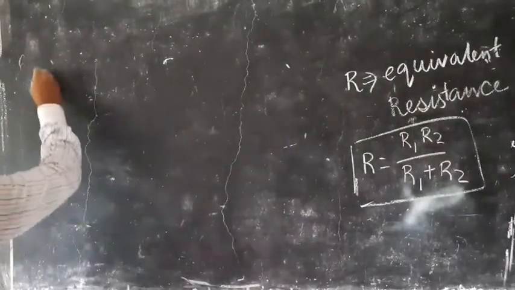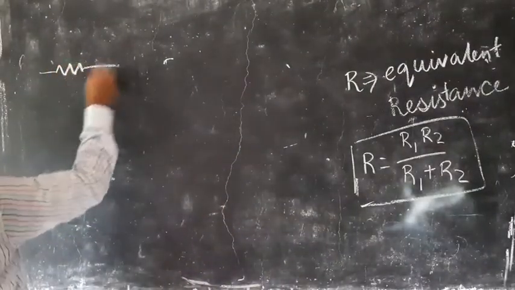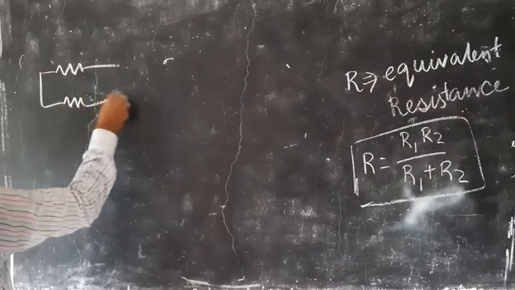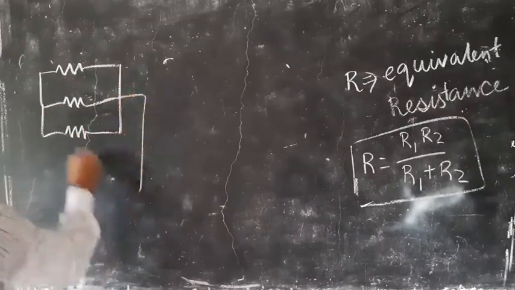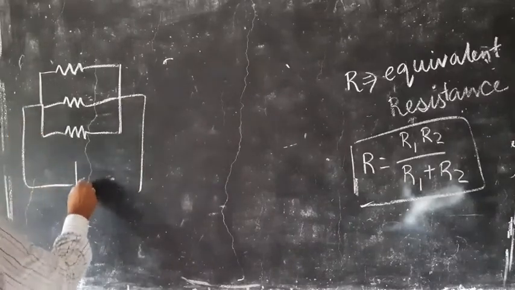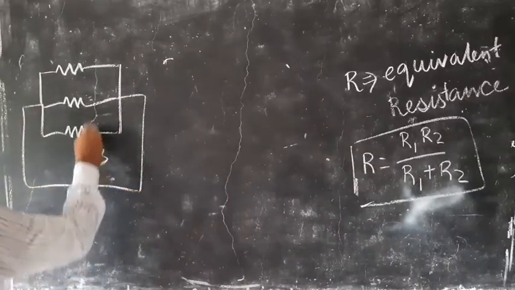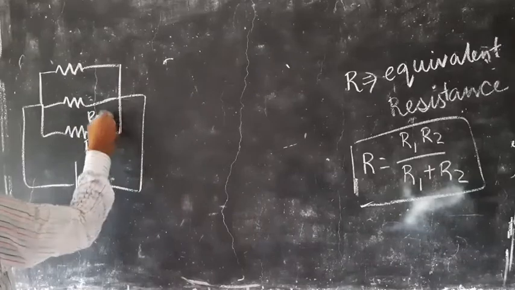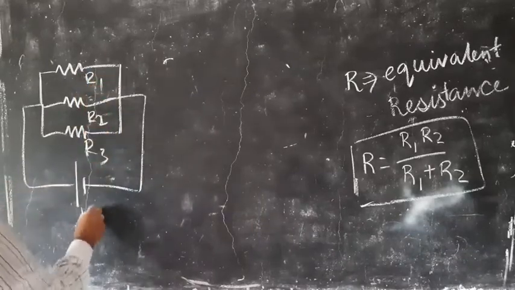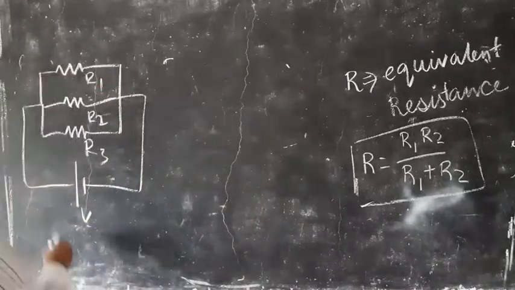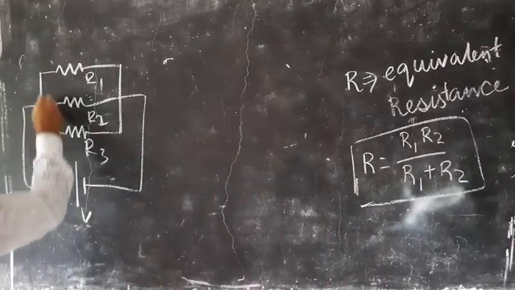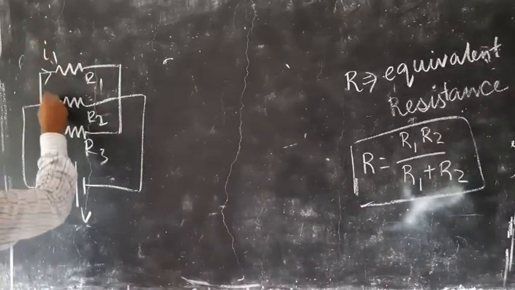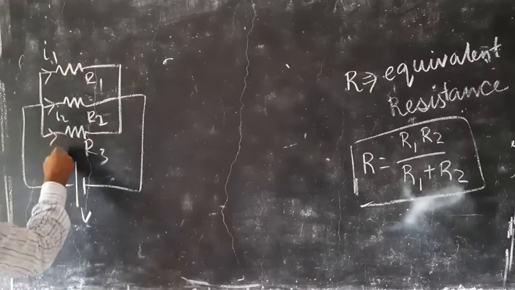Now what happens when there are more than two resistances in the circuit? Let's say R1, R2, R3, and so on. Similarly, the same current will flow through this circuit. So it has got three branches I1, I2, I3.